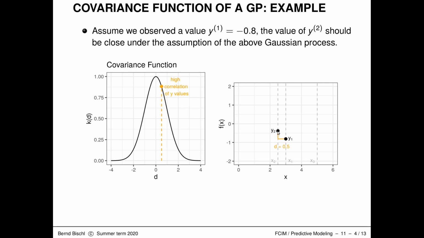So in this case here, it's, for example, something like minus 0.4. So we are not expecting our Gaussian process function to vary very much across this quite small interval here. So it should be quite smooth across this small interval.